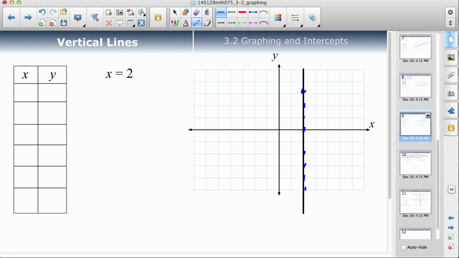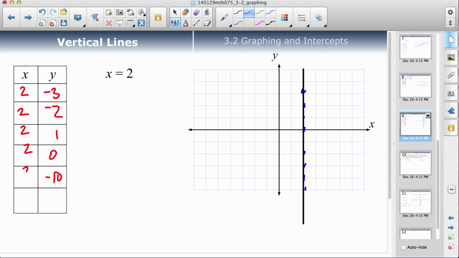So if I draw myself a line, it'd be something like that. So it doesn't matter what y is. Y could be negative 3, negative 2, 1, 0, negative 10. Doesn't matter. X is always 2. And that's why the equation, again, looks like that. And that's something to memorize. Vertical lines, x equals something. If you have a horizontal line, it's y equals something.